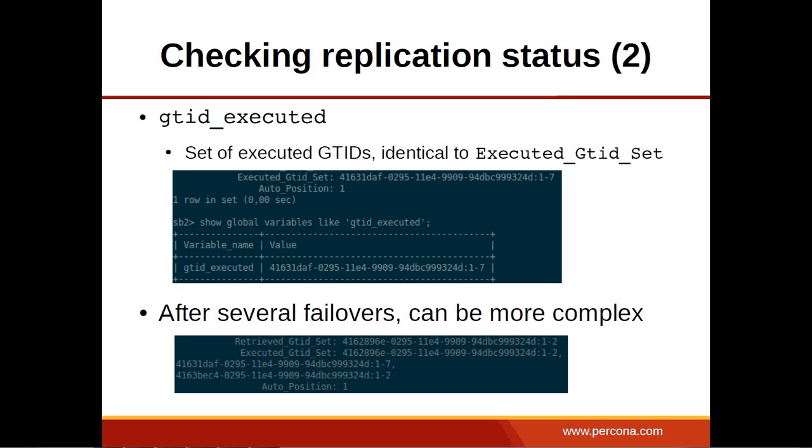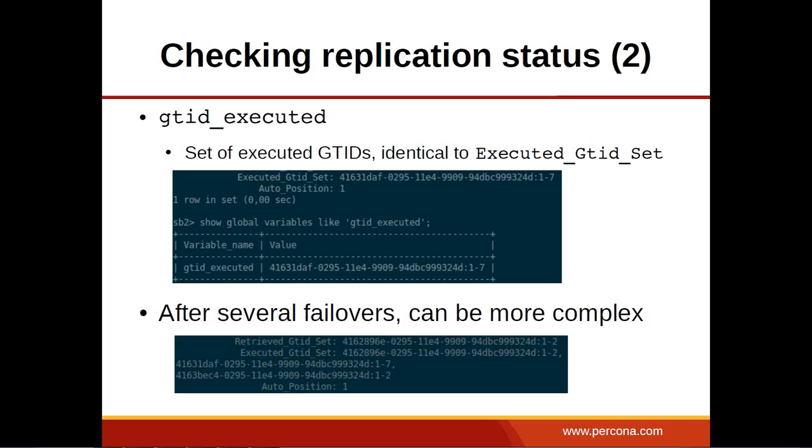Then the executed GTID set may look a bit more complex than the things I've shown in the previous slide. Like in the second picture here, we have, for the executed GTID set, a very long string.